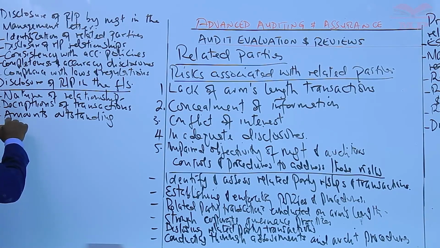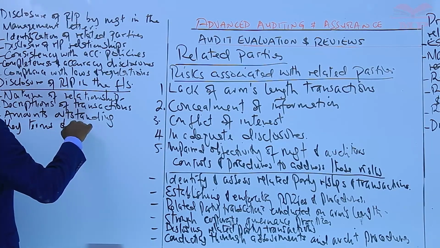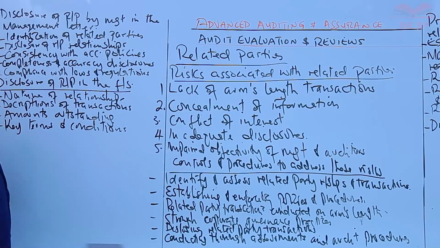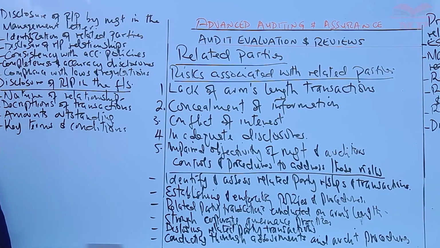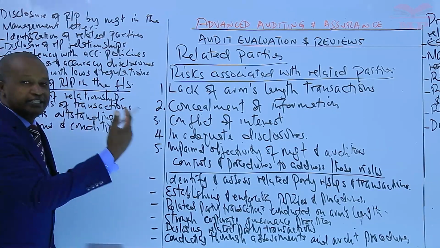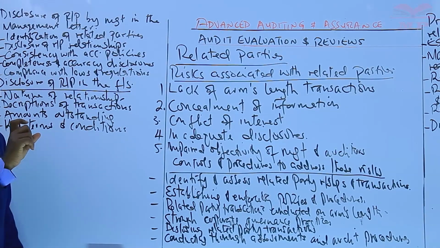Key terms and conditions. What are the key terms and conditions of the transactions between the related party and the entity? If significant terms and conditions differ from those in transactions with unrelated parties, then the financial statement should provide an explanation of such differences.